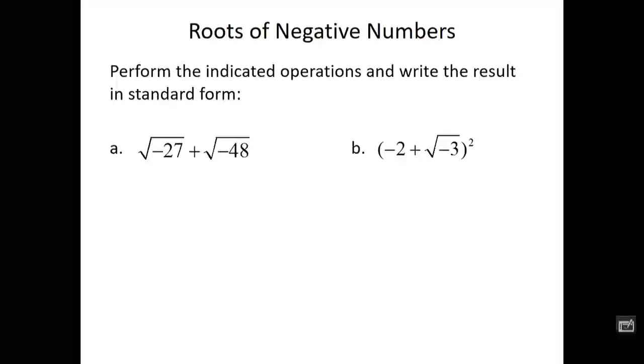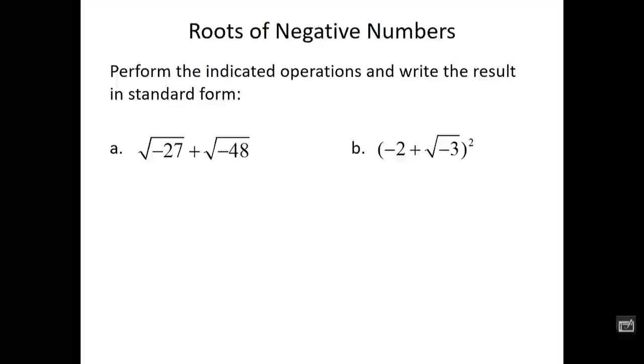So let's look at a couple of examples, roots of negative numbers. In the examples presented here, we will perform the indicated operations and write the result in standard form.